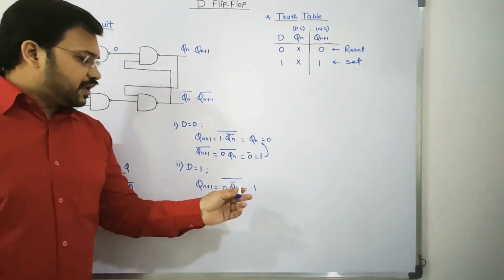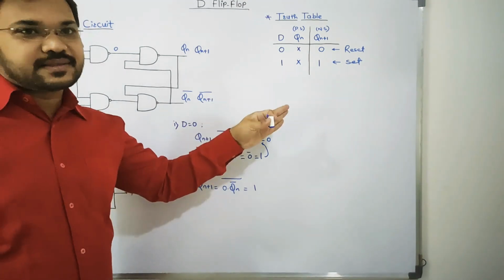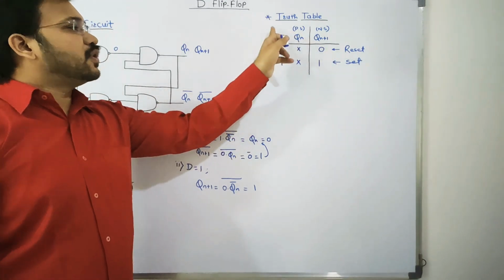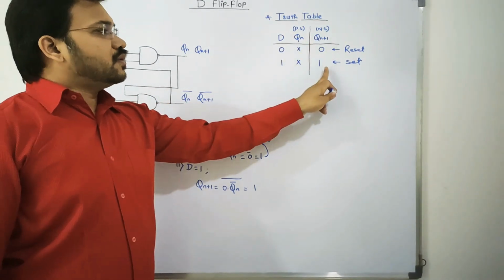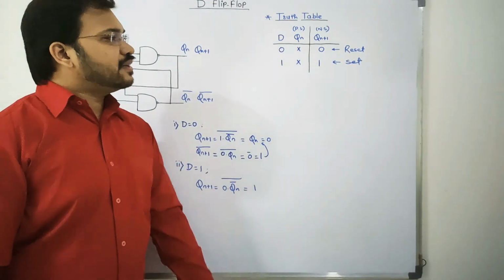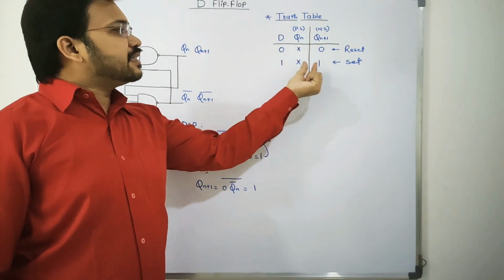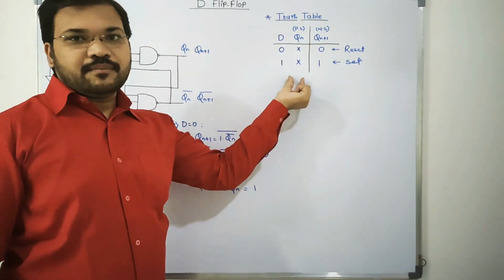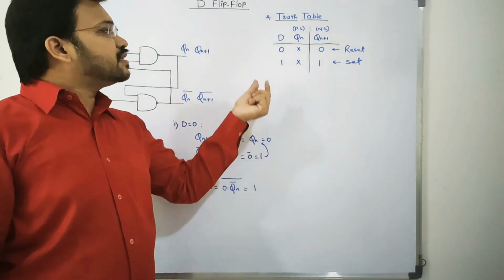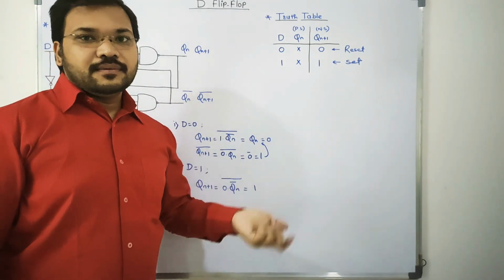So in this way we can find out the value of Qn plus 1, that is the next state. For D equals 0 it is 0, and for D equals 1 it is 1. So by using this truth table, we can directly say that Qn plus 1 equals D. Basically, by using a K-map also we can find out the value of this equation.